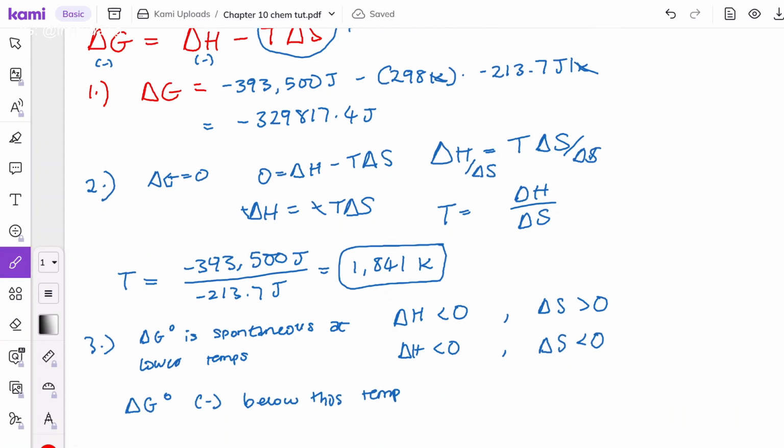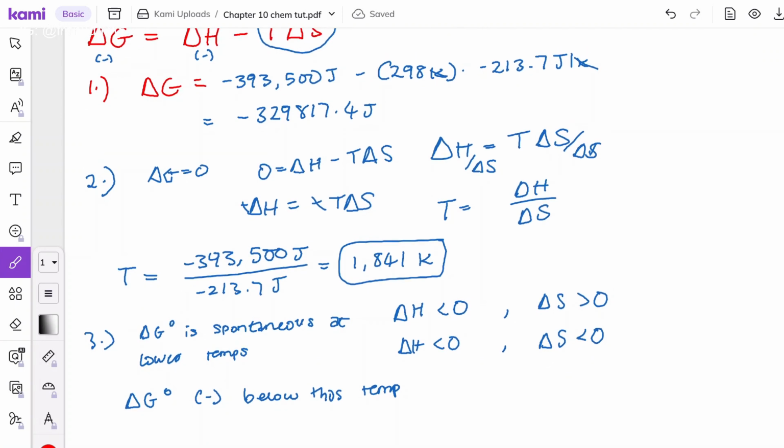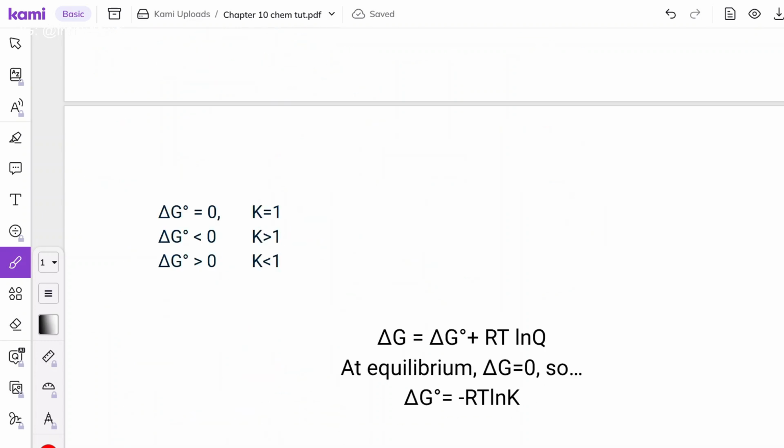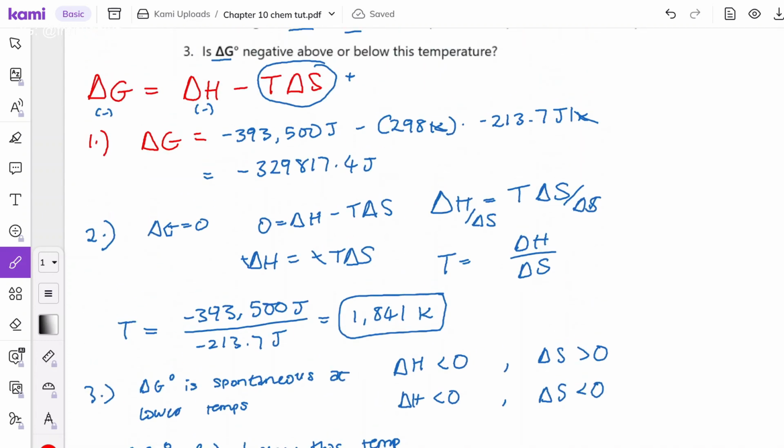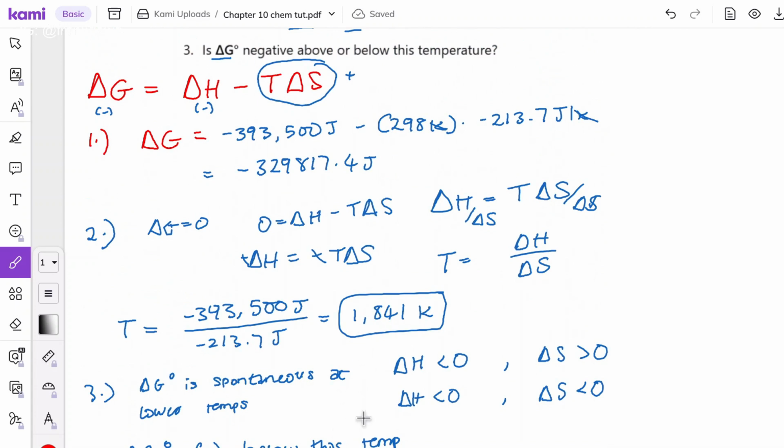And another way that we can find this out and be 100% sure is to literally plug it in. Since you have a calculator in the test, you can check your answer. So if you go back to this initial equation right here, instead of 298, just plug in something below this temperature.